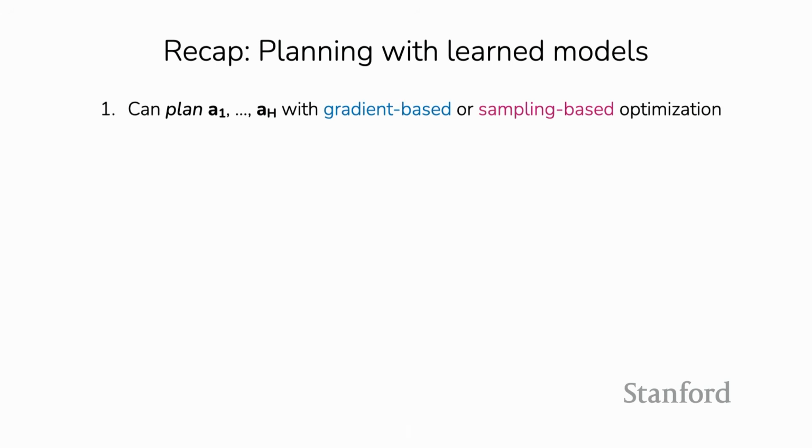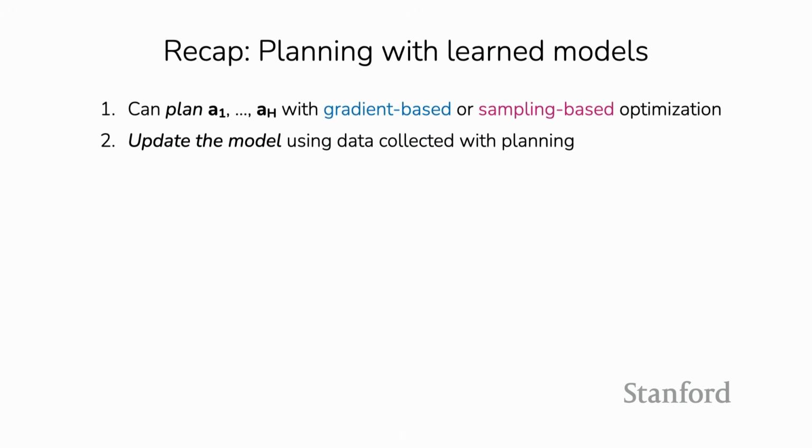We talked about an approach to behavior that's quite different from learning a policy, where we're not explicitly learning a mapping from states to actions, and instead, on the fly, we are thinking through, for a given state, what actions we should take. We called this planning, and we talked about how it can be done with gradient-based or sampling-based optimization over your next future horizon.